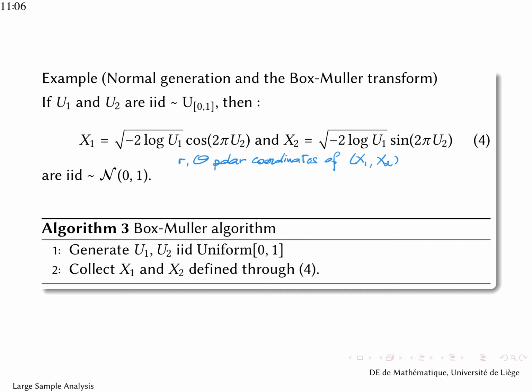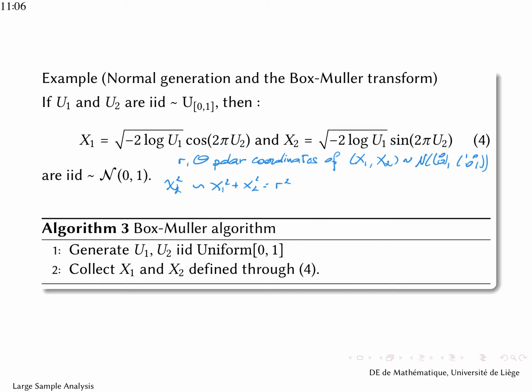Furthermore, we know that if x1 and x2 are each of them standard normal distributed, then the couple x1, x2 will be a bivariate standard normal distribution. And for a bivariate standard normal distribution, we know that x1 squared plus x2 squared will be equal to r squared. And this will follow a chi-squared distribution with 2 degrees of freedom.